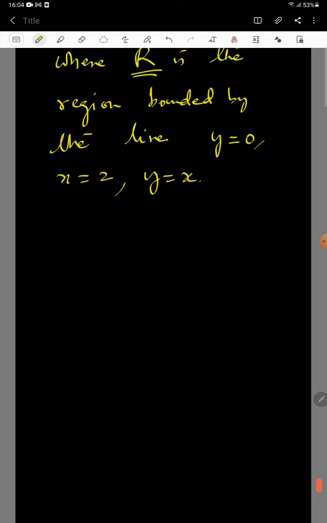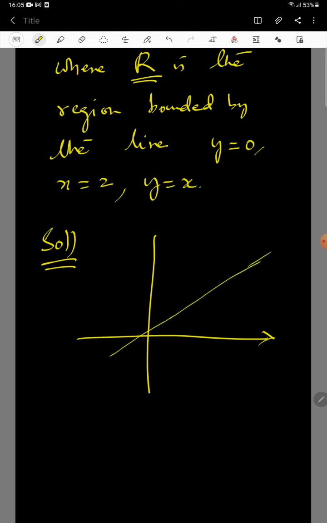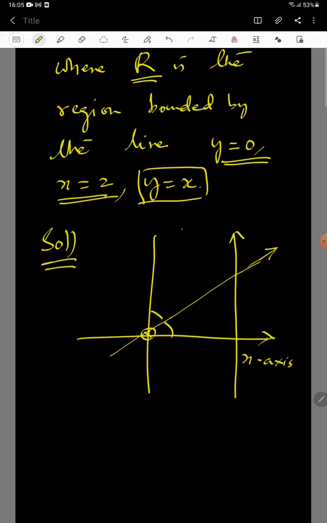So first of all, I will draw the region now. y equal to x is a straight line passing through the origin and making equal angles with both the axes, 45 degrees here. This is y equal to x. y equal to 0 is the x-axis, and x equal to 2 is a line parallel to the y-axis, because the y-axis is x equal to 0 and this is parallel, that is x equal to 2.